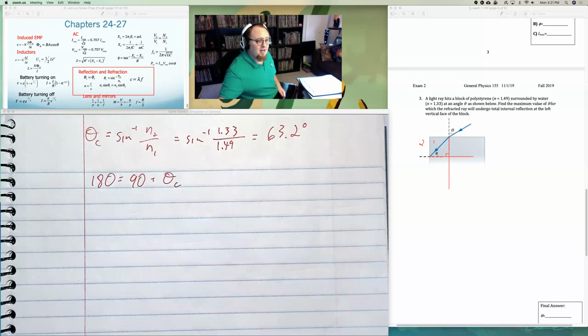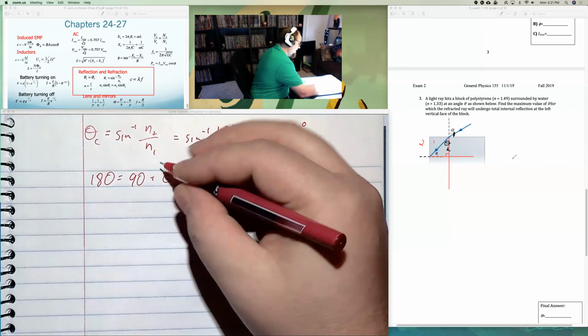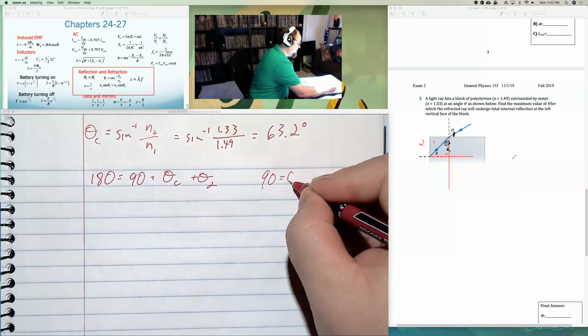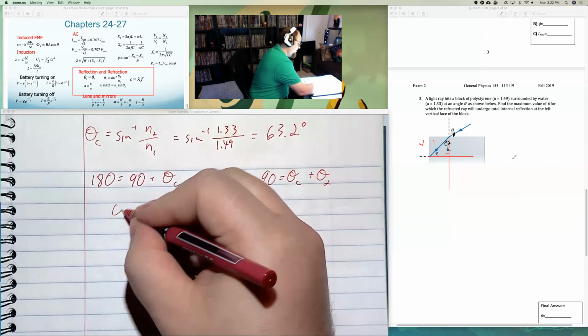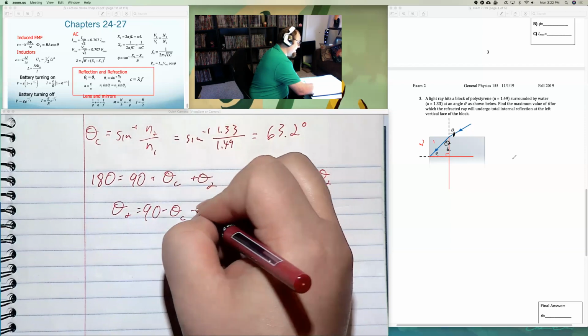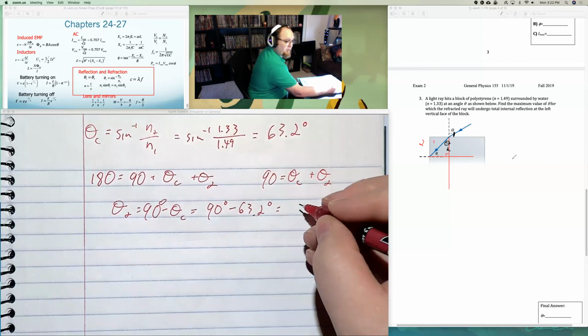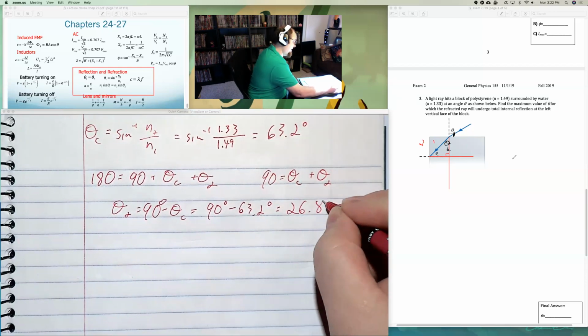Now that angle at the top, which as of now is unmarked in any way, shape, or form, that's going to be from when the light refracts in. I'm just going to call this a refraction. Let's just call this a theta 2. And say this theta, let's just call that a theta 1. And I'll say that that triangle is 90 plus theta C plus theta 2, which means 90 equals theta C plus theta 2. And theta 2 is 90 minus theta C, or 90 minus 63.2, more commonly known as 26.8.